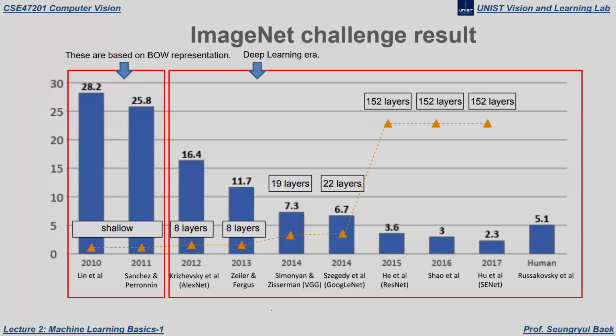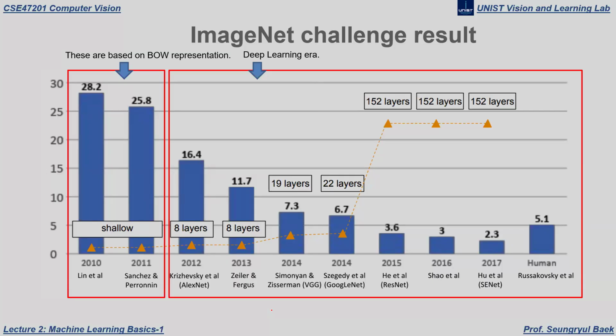And this graph is also showing the thing I mentioned previously. In 2010 and 2011, I mentioned that these were implemented by shallow learning algorithms. And I also mentioned that these were done by SVM.